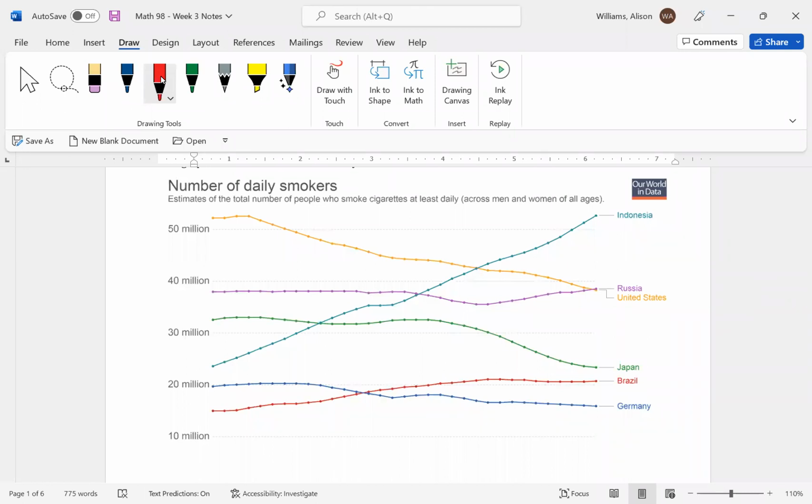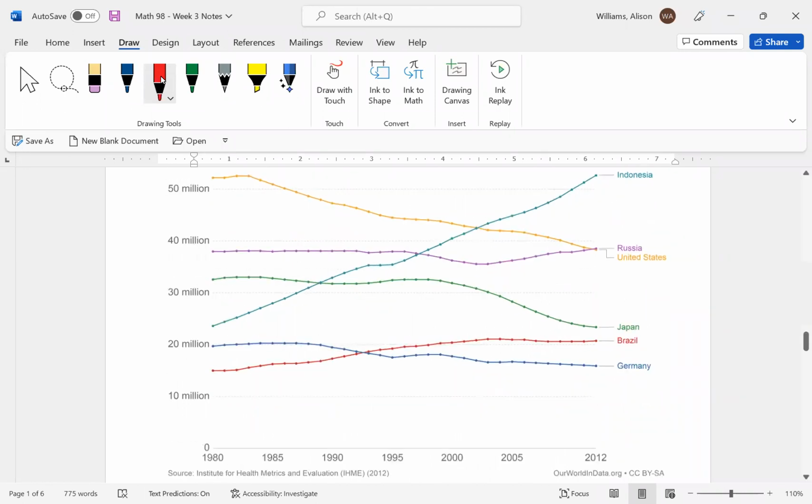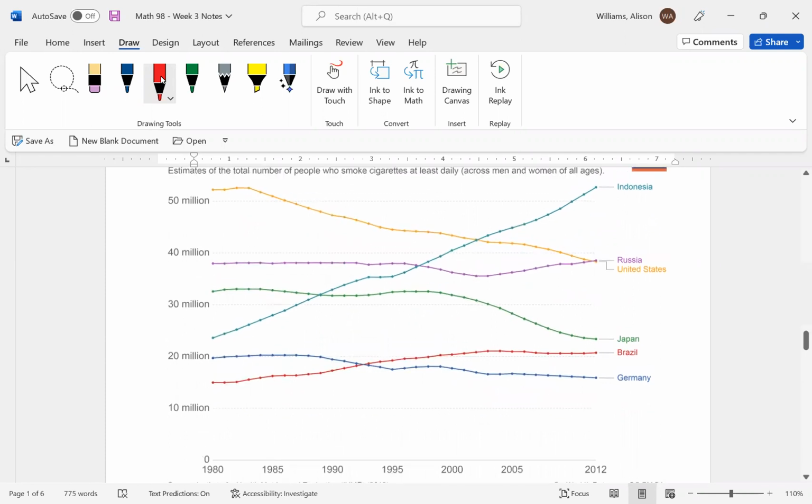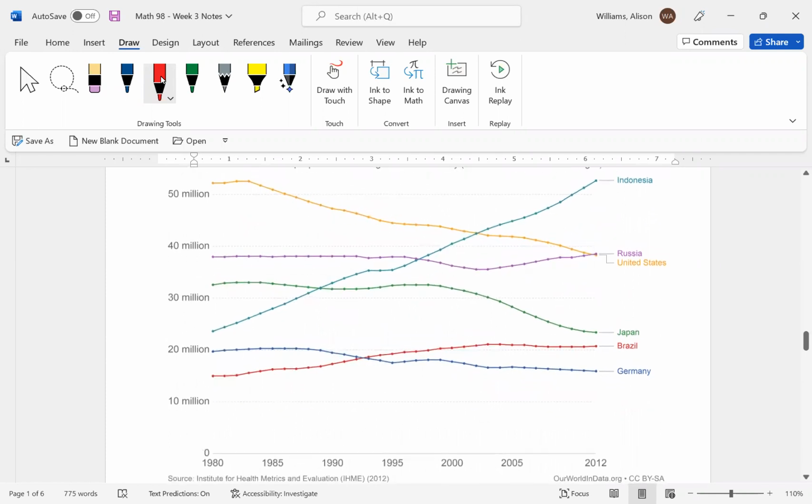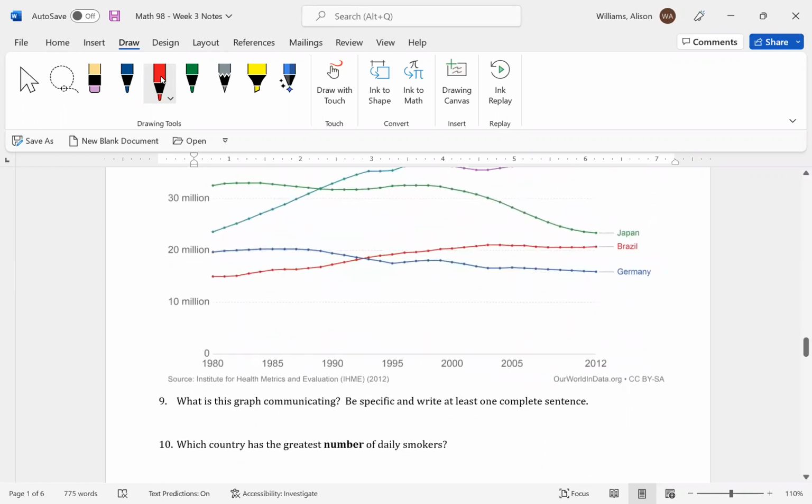Even teenage smokers. And this is, by the way, from 1980 to 2012. Okay. So it looks like they're tracking how many people in the population are smoking for a 32-year period. Wow. Okay. So the graph is communicating a number of daily smokers.